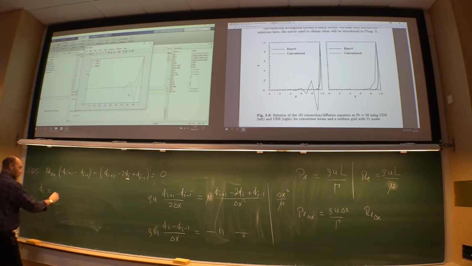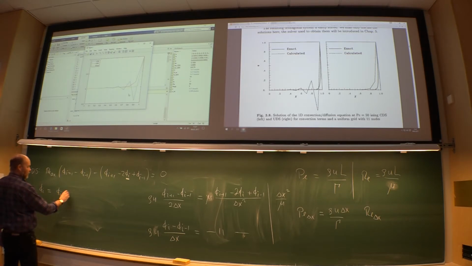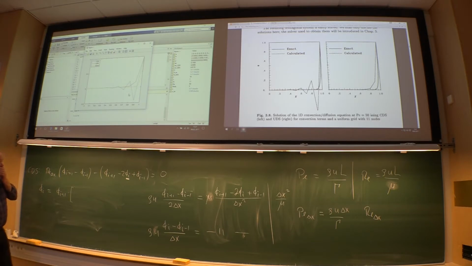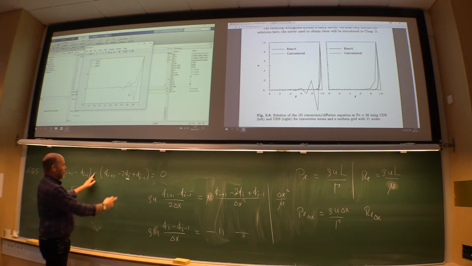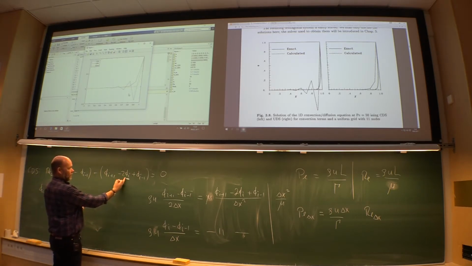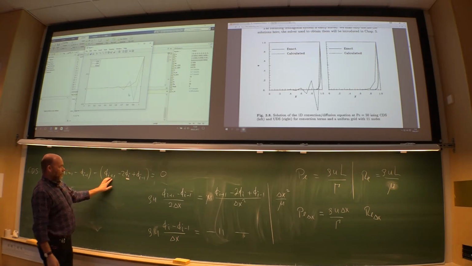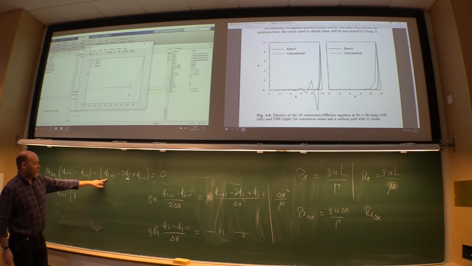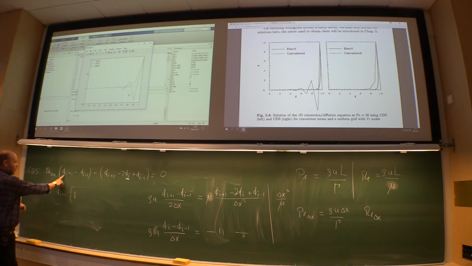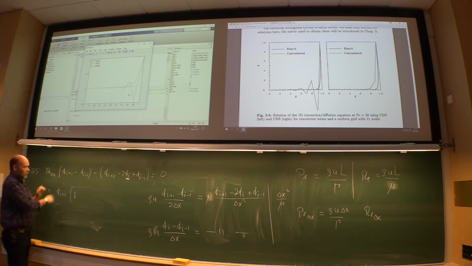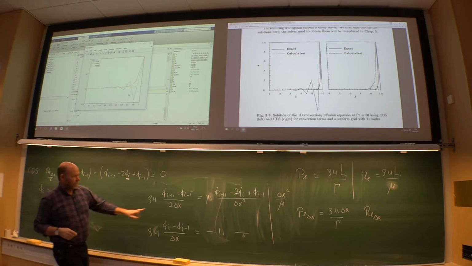So what will we have? Phi I plus 1, it is multiplied with what? Well, let's see, minus minus, so it's staying here. Throw it on the other side, it will be plus 1. That's it. But here you will then have minus the cell Reynolds number. Actually, we are missing 1/2 here.